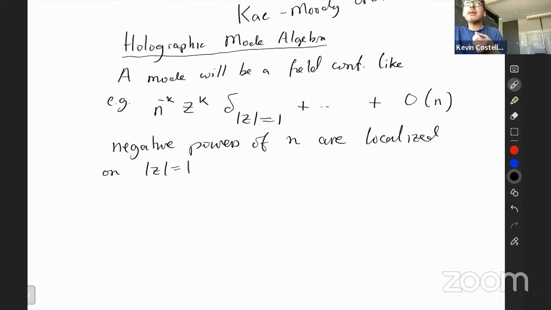So we need to see, commutators of modes can be computed using the same gauge transformation trick we just mentioned.